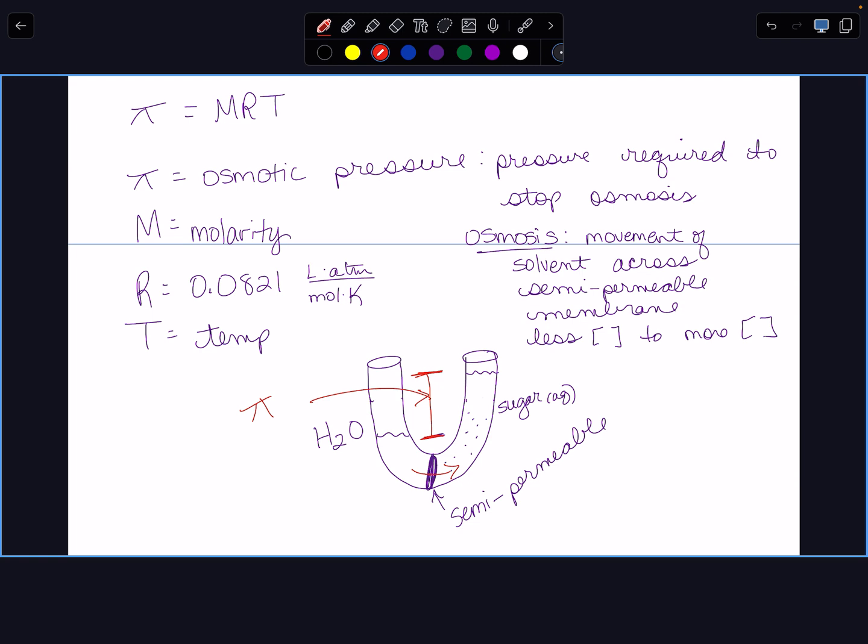Osmosis is why, y'all, when we eat salty foods, if we have a diet high in salt and we retain water, that's osmosis, your body hanging on to the water. Has everybody in here at some point cut up strawberries and sprinkled a little sugar on them and let them sit and they get juicy, right?